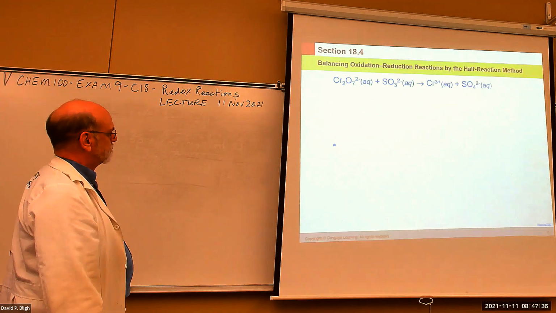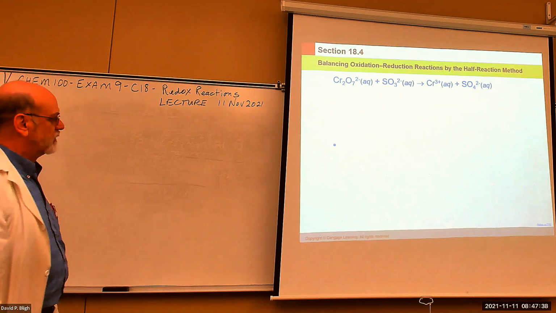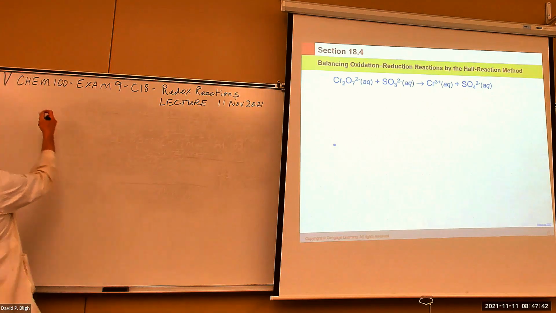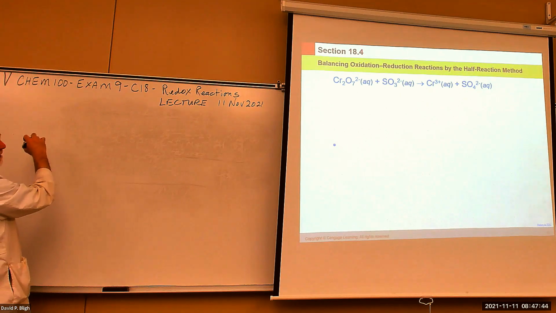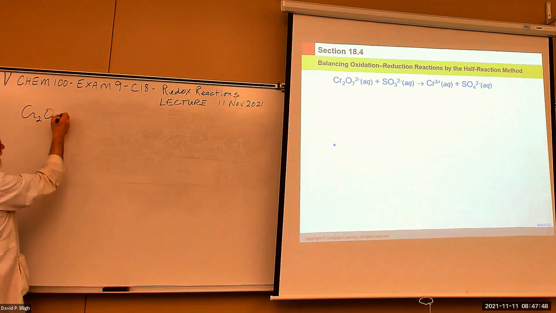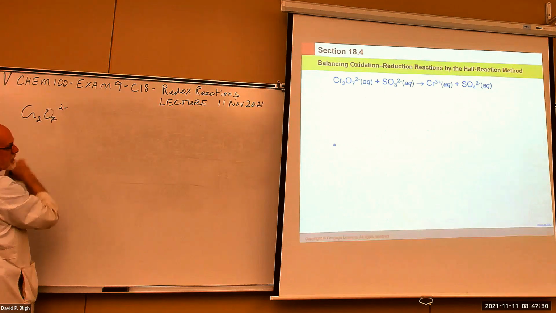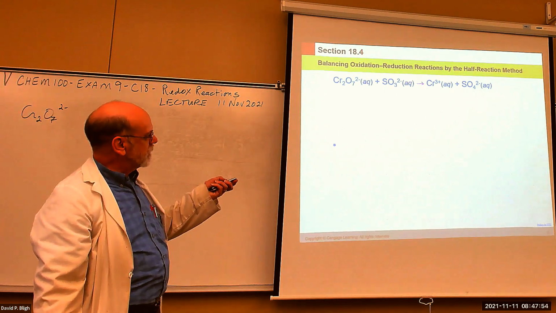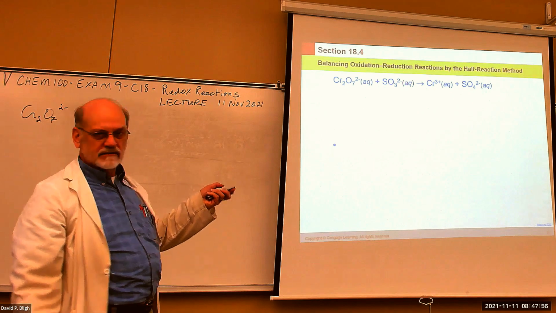Okay. So here's our example. Let's do this. Cr2O7 2 minus. I'm going to leave out the aqueous. Everything's aqueous. Right.